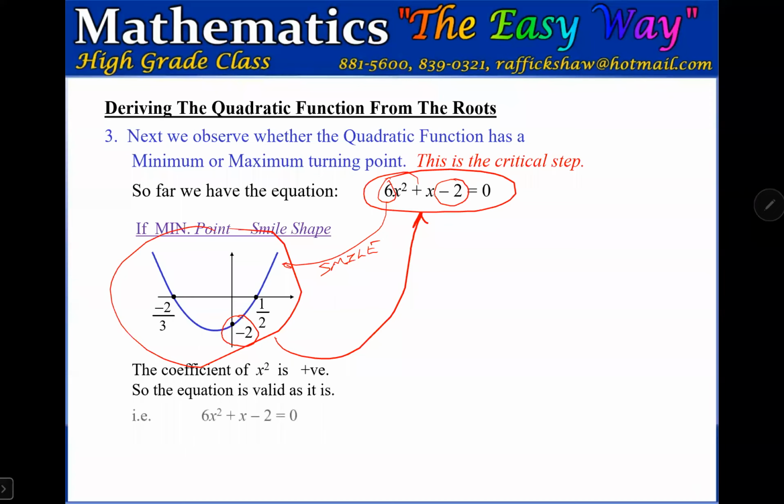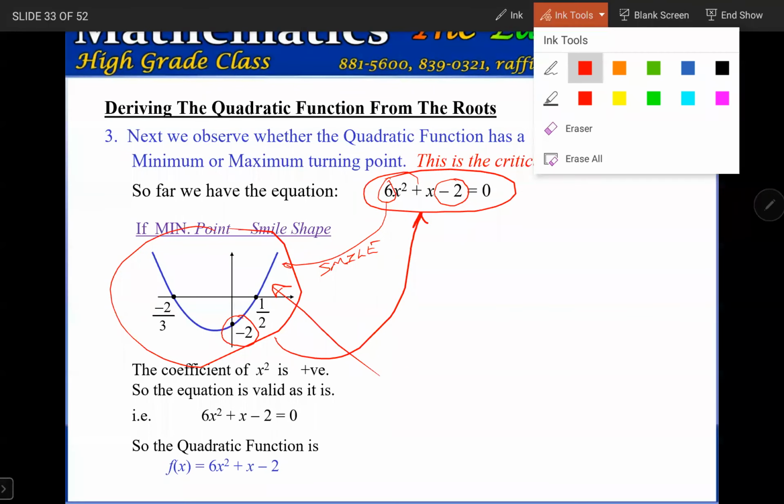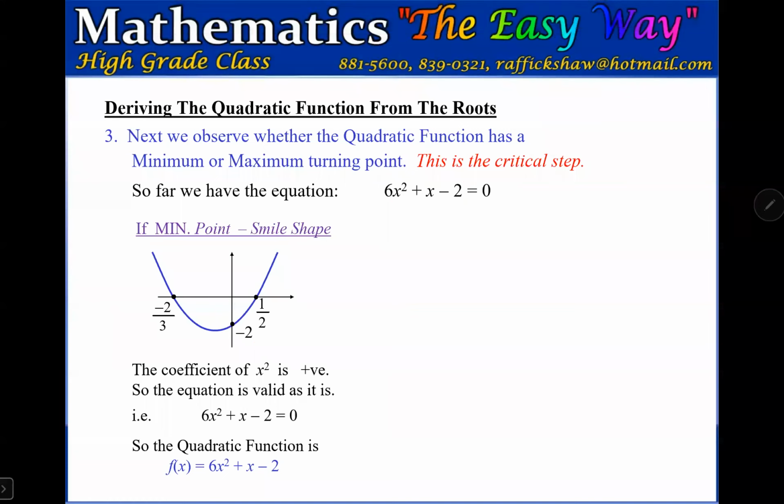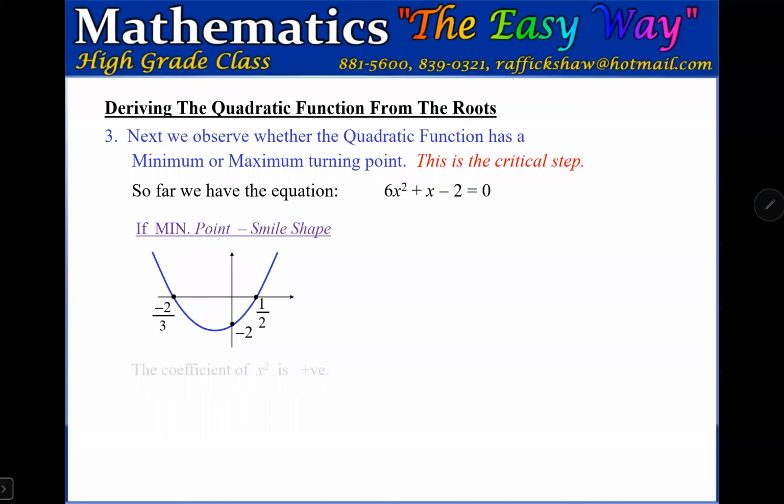So when you're doing these questions, they have to show you the function. They will always give you a graph with this question. Right? So that is it. So right now they match. See here, the coefficient of the x squared is positive, which is good. So that matches, and the equation is therefore valid.